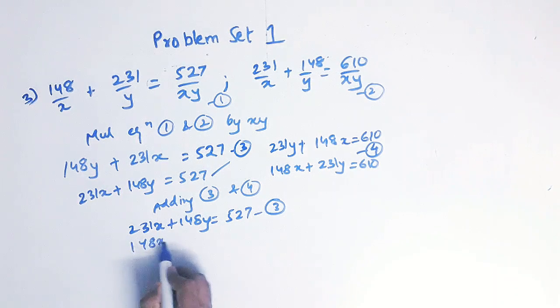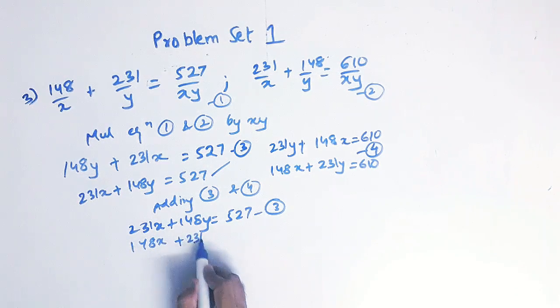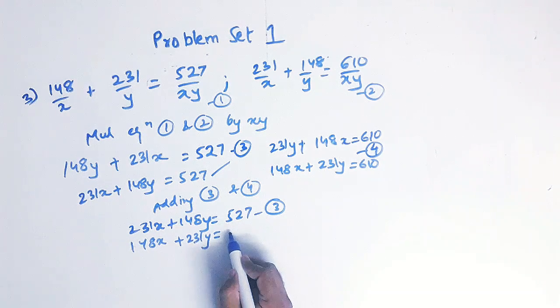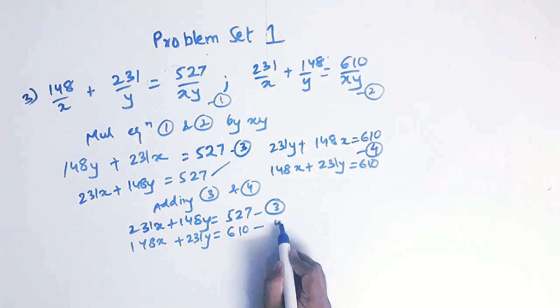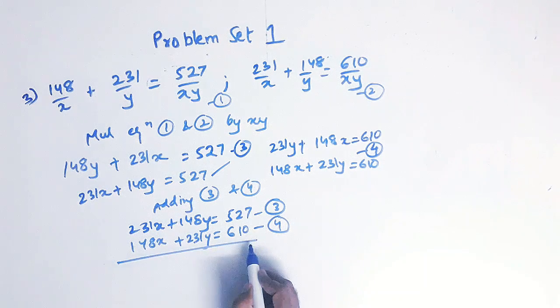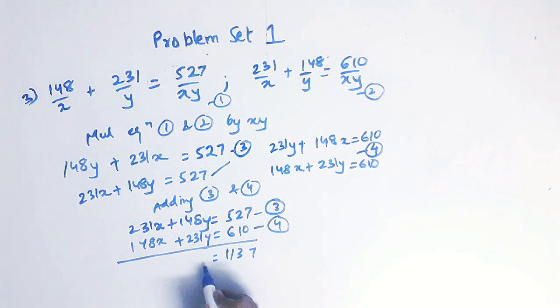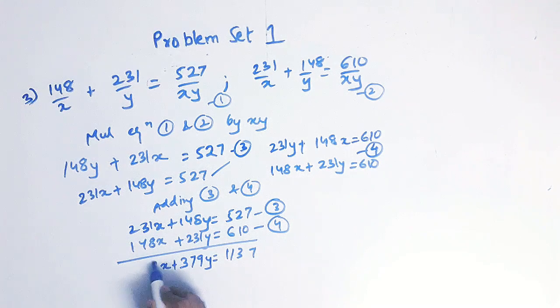And 148x plus 231y equals to 610. This is fourth one. So 7, 3, 6 plus 5 is 11, 1137. Okay, and this will be 8 plus 1 9, 4 plus 3 7, 379. Okay, here also the same, 379x plus 379y equals to 1137.